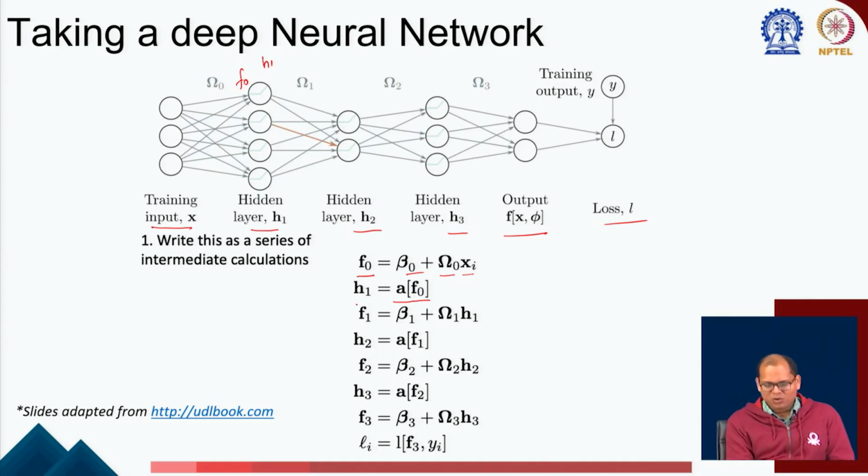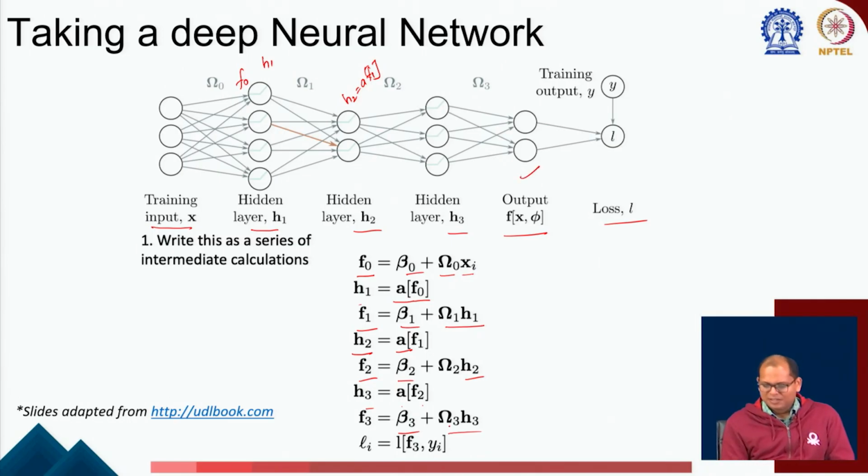Now I am at h1. So again I will do f1 is beta 1 plus omega 1 h1, okay, and h2 is nonlinearity over f1. Again I have got h2, so I will say okay, f2 is beta 2 plus omega 2 h2, and h3 is nonlinearity over f2, and f3 finally is beta 3 plus omega 3 h3, and this is my output. I do not apply any nonlinearity here.